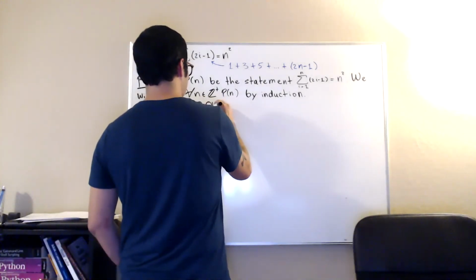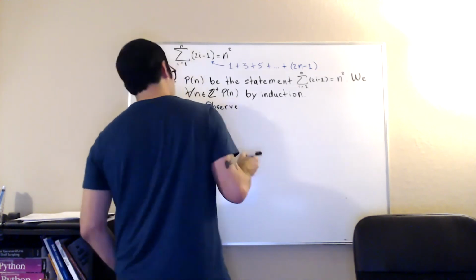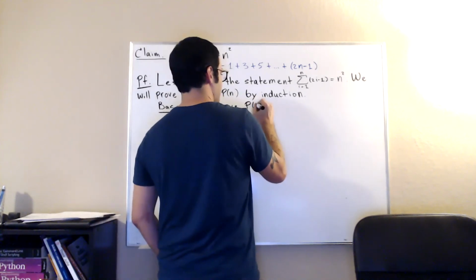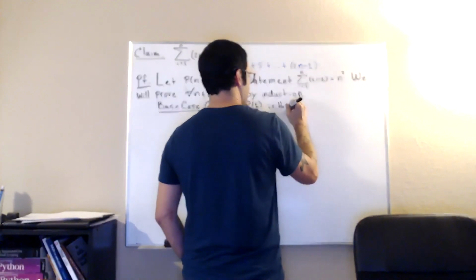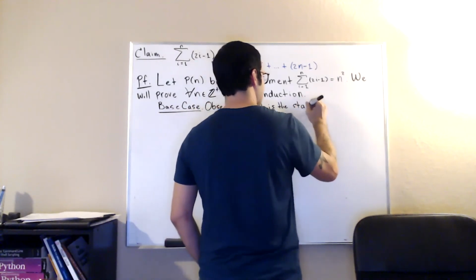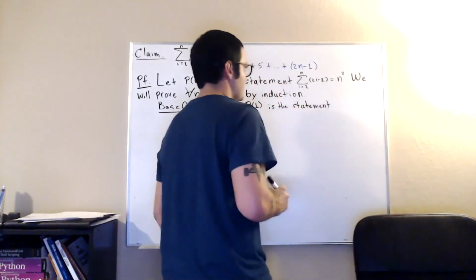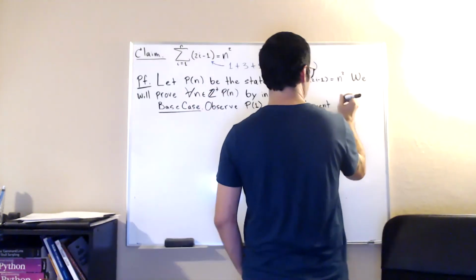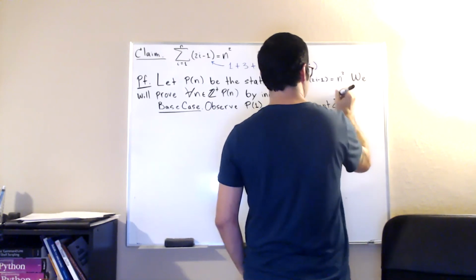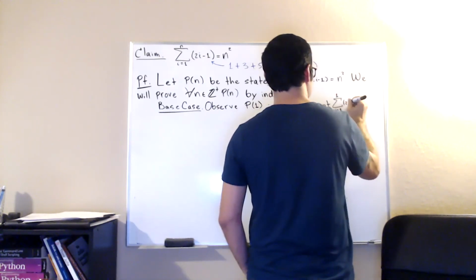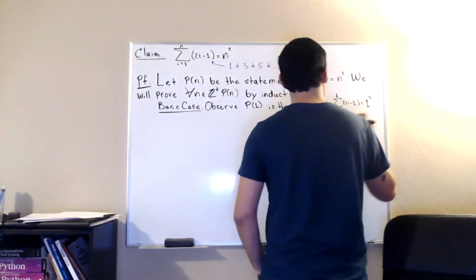So observe, P of 1 is the statement: the sum i equals 1 to 1 of 2i minus 1 is equal to 1 squared.